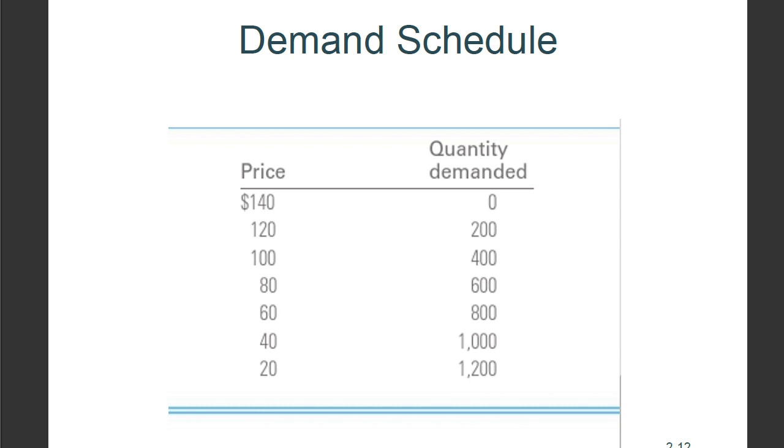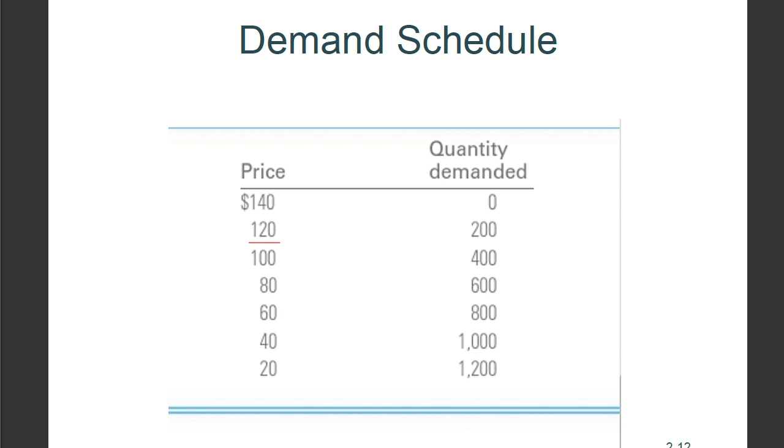When the price is lower, 200 units are demanded. Okay? So consumers come into the market and they demand 200 units.